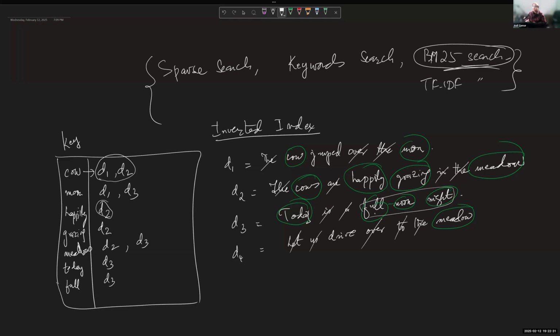So you would say that the most relevant document would be D2, perhaps followed by D1, isn't it? The search results would be in that order. And you can see why, quite literally. D2 is the most pertinent when we are talking about happy cows.